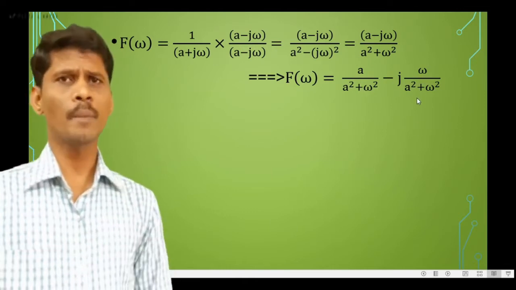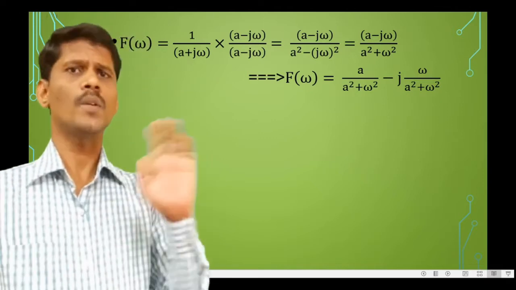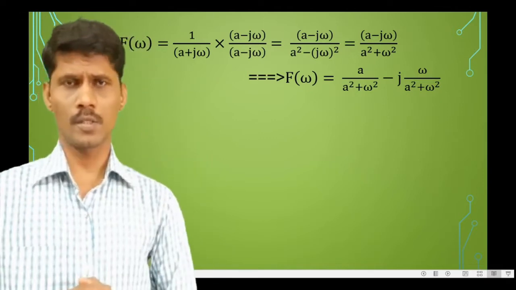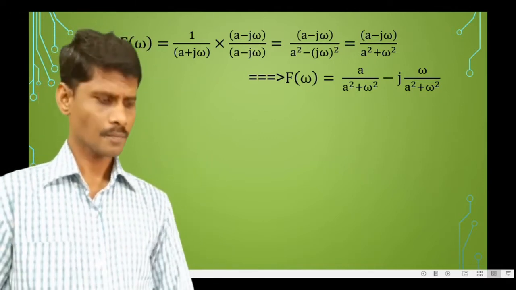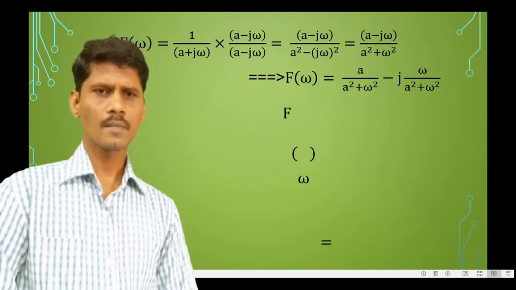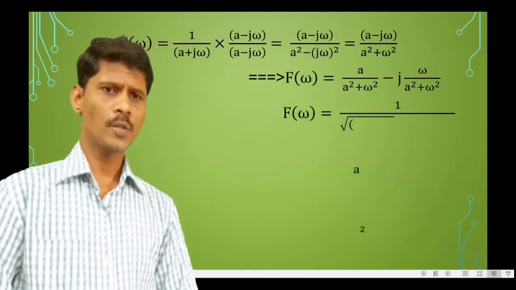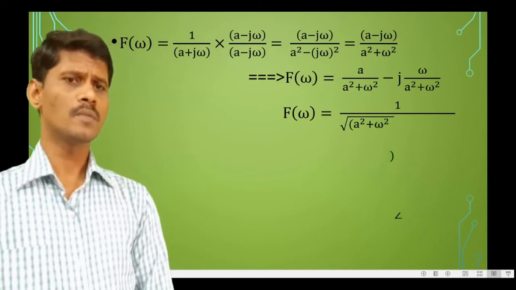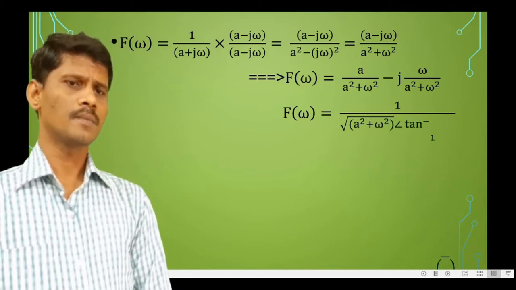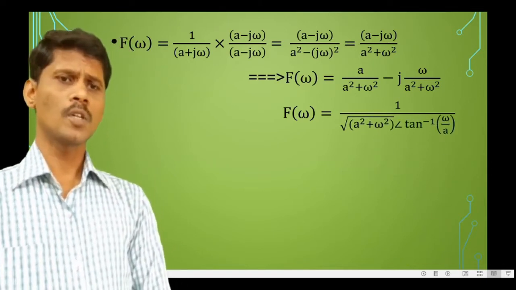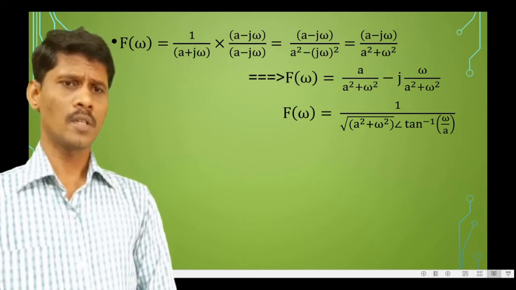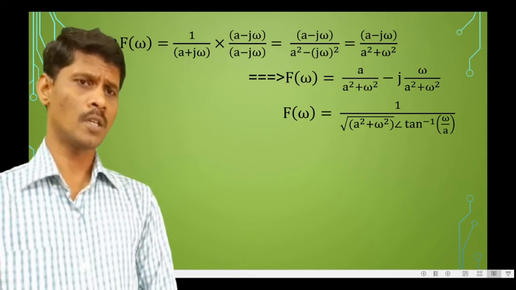How to calculate magnitude? Square root of real part square plus imaginary part square. The magnitude is under root of a square plus omega square, and the phase angle is tan inverse of omega by a.